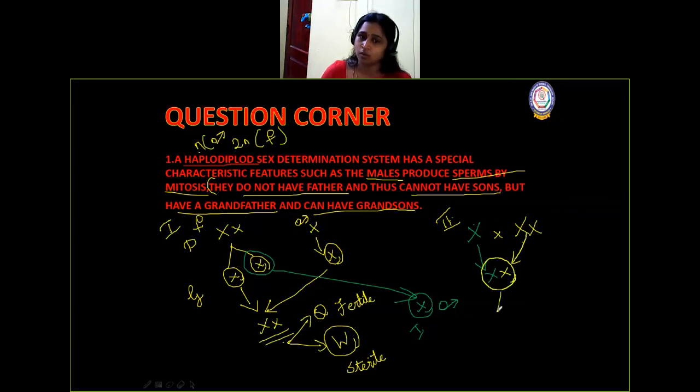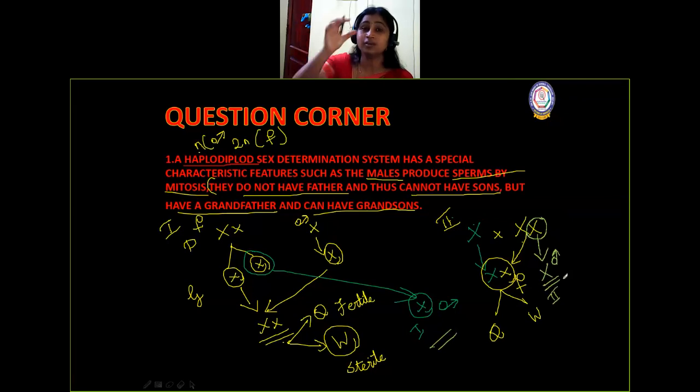Again, this female will be of two conditions. Either it will become a queen bee if it is well nourished, or it will become a worker bee, right? Another X chromosome here, I will encircle this with another color. Another X chromosome of the queen bee will undergo mitotic division and they become male, right? And this is the drone, generation 2 here. We are talking about only male here.